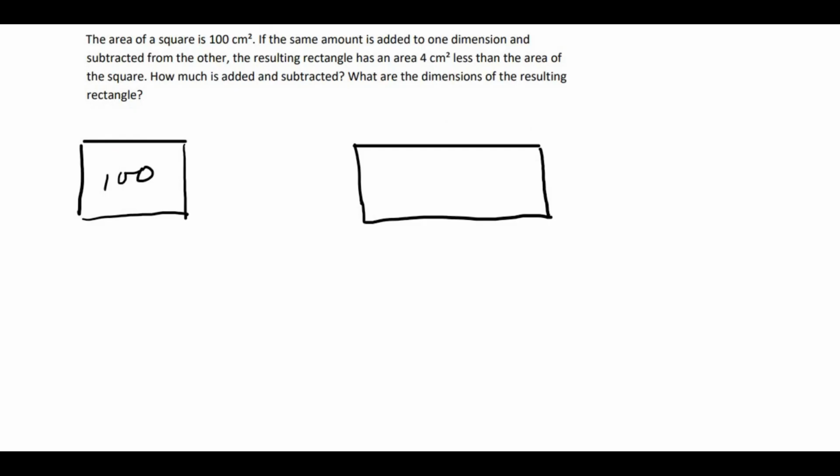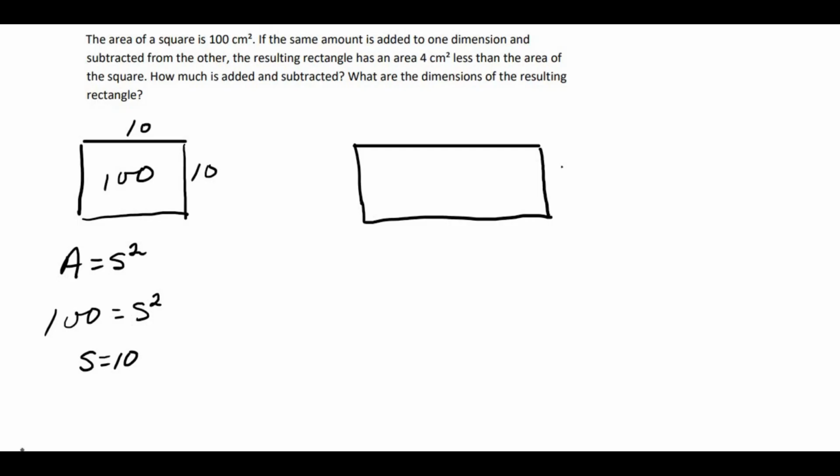Okay, I start off with a square whose area is 100 square centimeters. I know the formula for the area of a square is area equals side squared. So I can take the square root of both sides and I get each side to be 10. Now I'm going to take each of these sides.